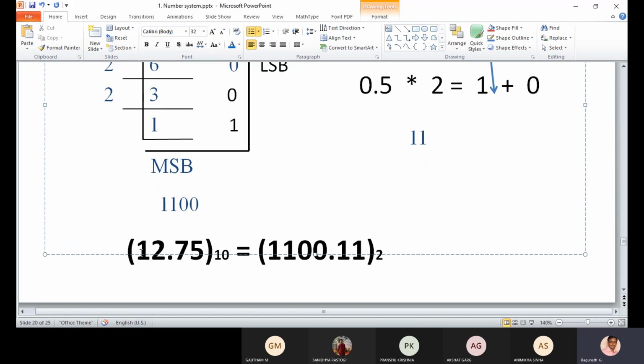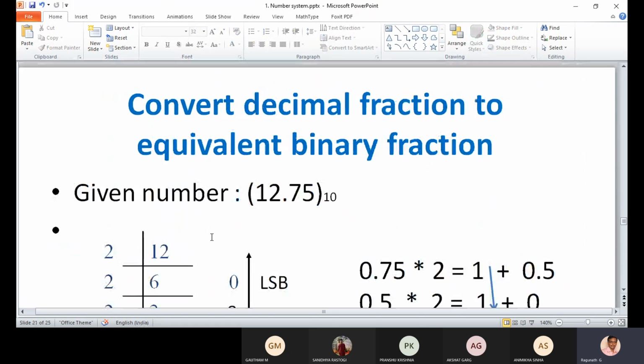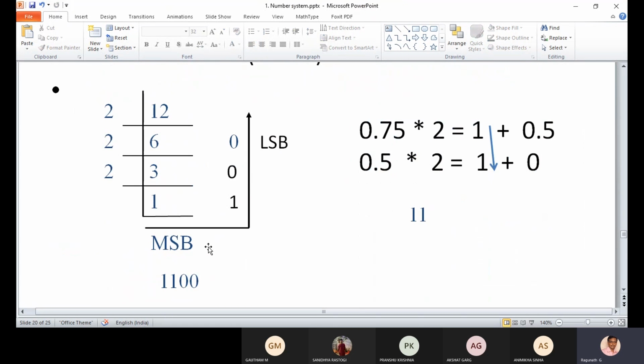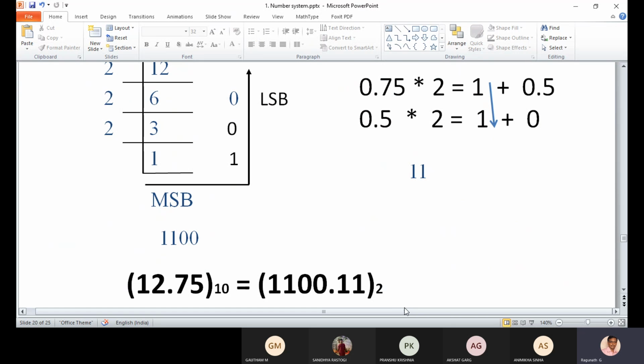So you can simply write 12 point. So how can I write 12.75 in binary? 1100 dot 11. Okay. So this is one way. If you know the binary value, you can directly write it in octal and hexadecimal. So anyone tell me, what is the octal equivalent value? 14.